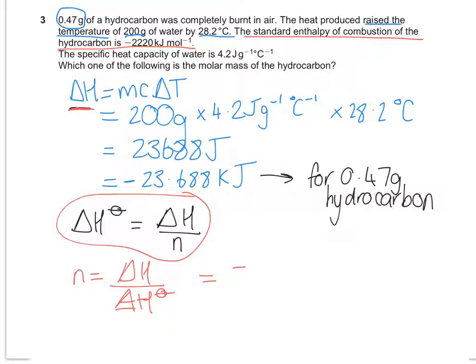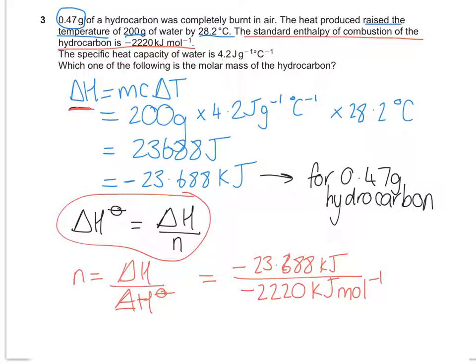So the enthalpy change that we worked out for that specific mass of the hydrocarbon was 23.688 kilojoules. And then the standard enthalpy of combustion for that hydrocarbon is minus 2220 kilojoules per mole.